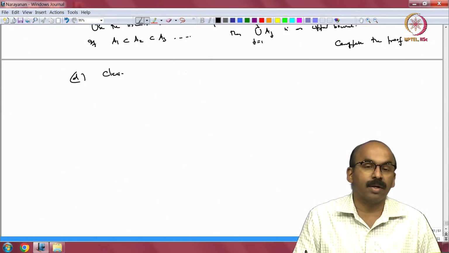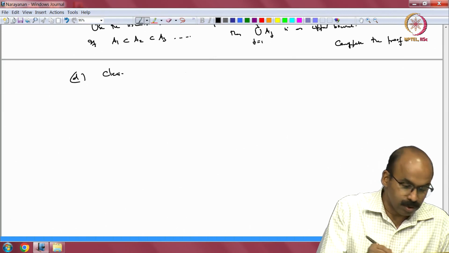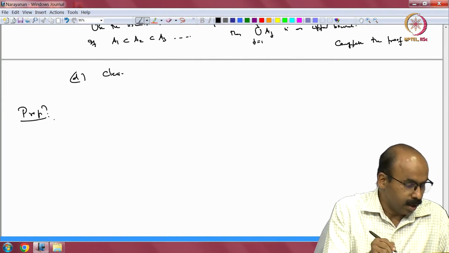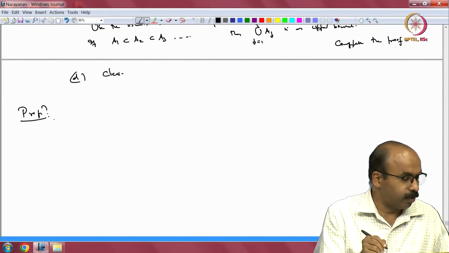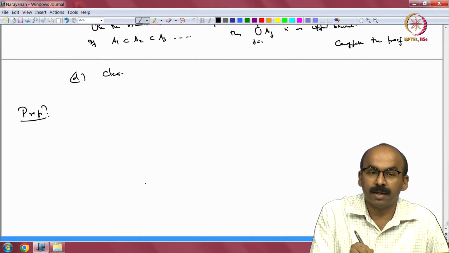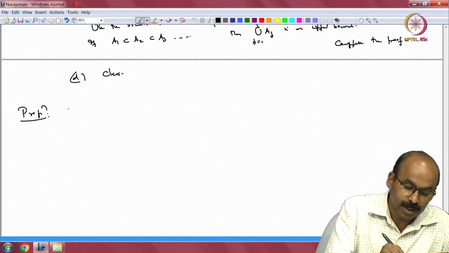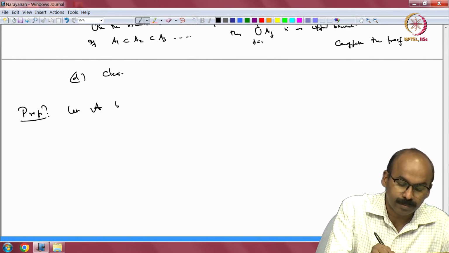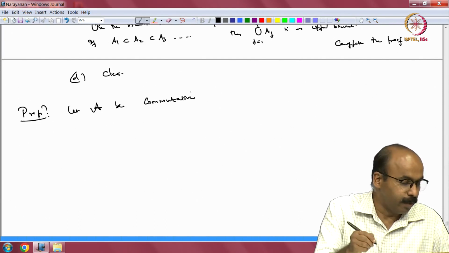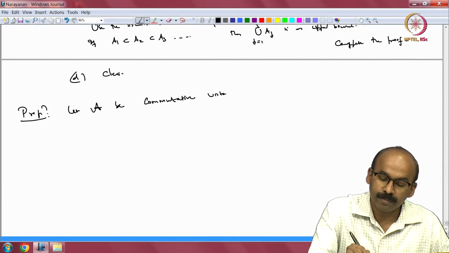So, that is what we are going to do. Okay, so, let me write this proposition. At least we will start off the proof slightly. It is not a difficult proof, but there are certain things to be introduced. Okay. So, let A be a commutative unital Banach algebra.